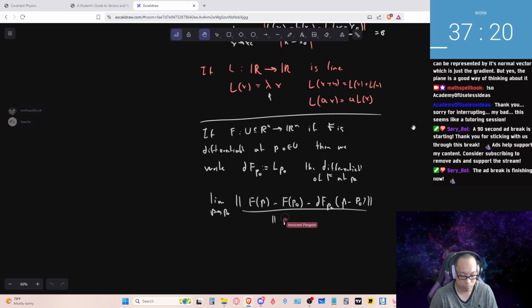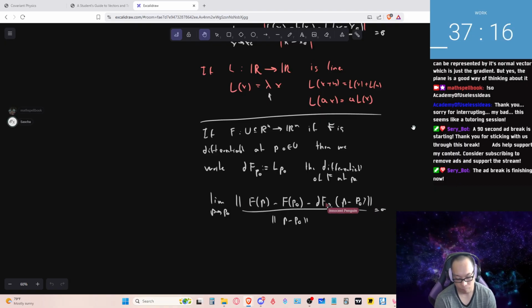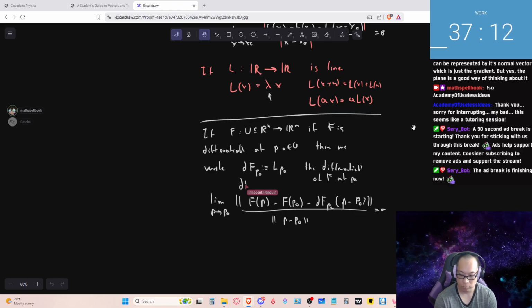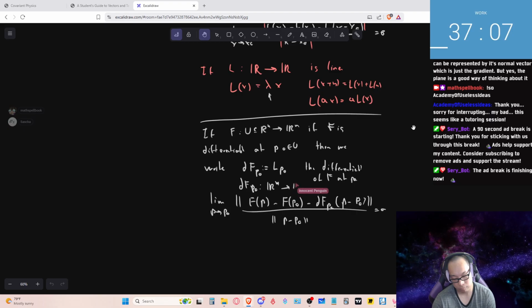So we get something like that. And just as a reminder, df is again a linear map from Rn to Rm.